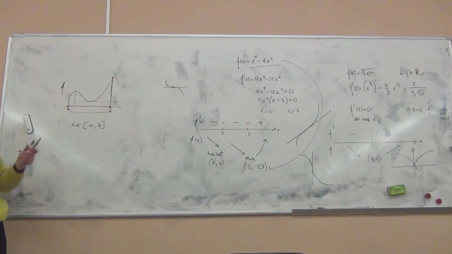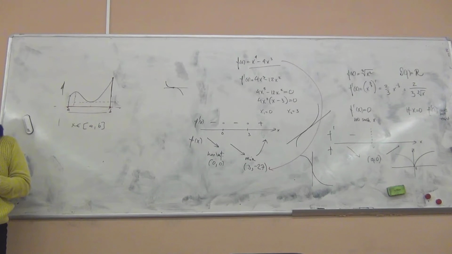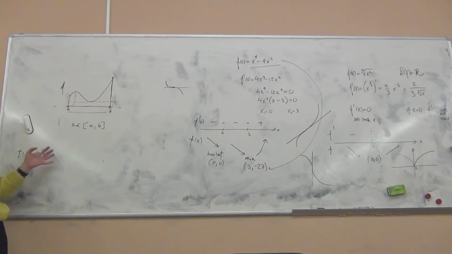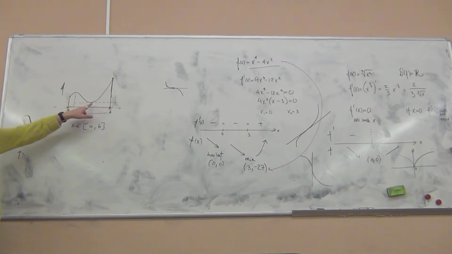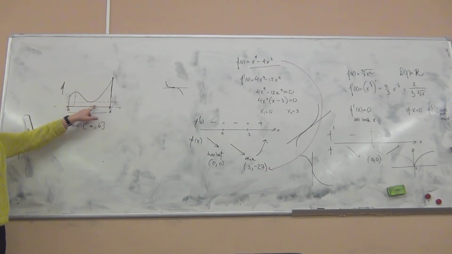And to solve this kind of problem, if you are told to find the greatest value or the least value of some function on some segment, we don't actually investigate the signs of the derivative. I don't care whether this is a minimum or maximum point.